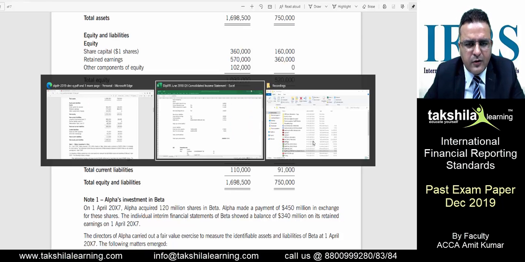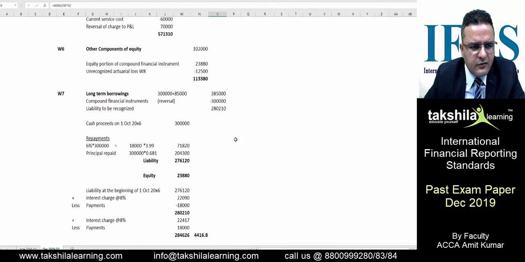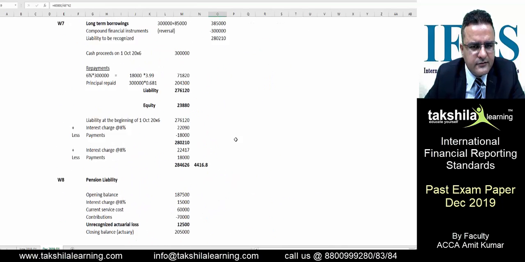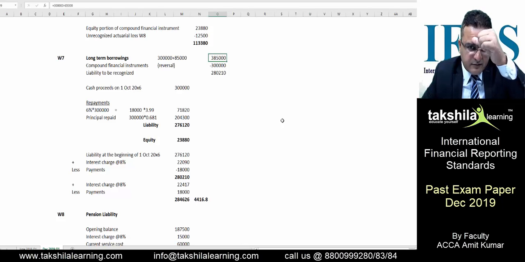If you look at the long-term borrowings balance, we had taken into account long-term borrowings of parent plus 85,000.